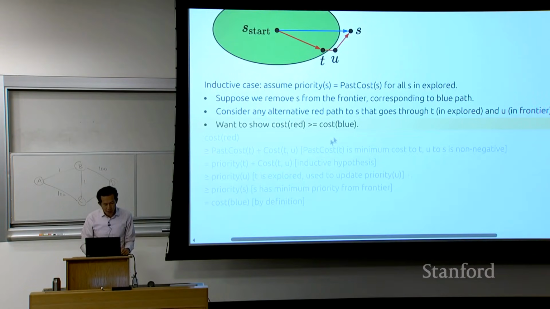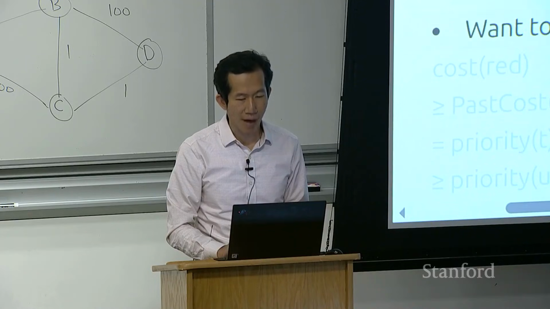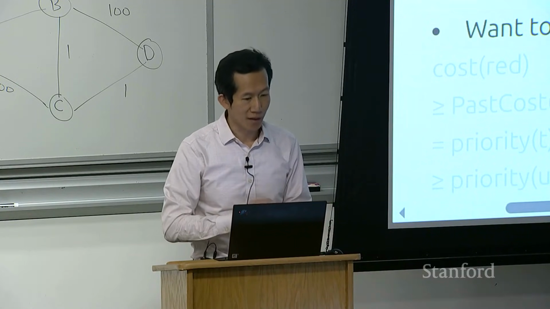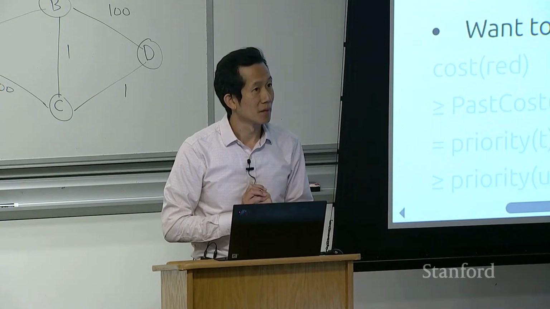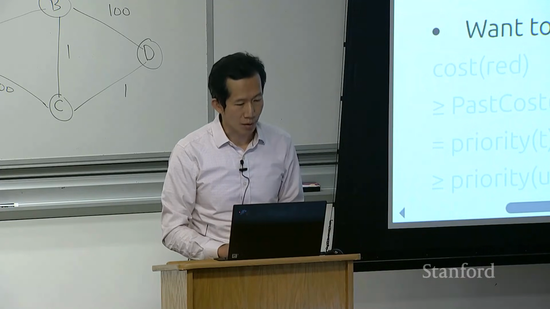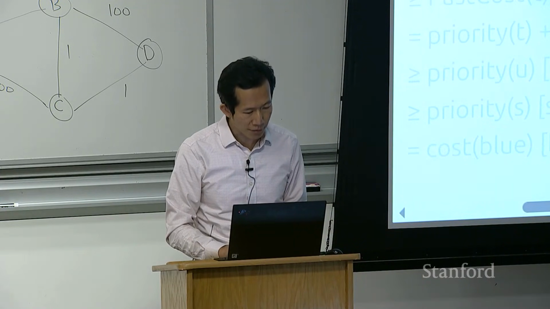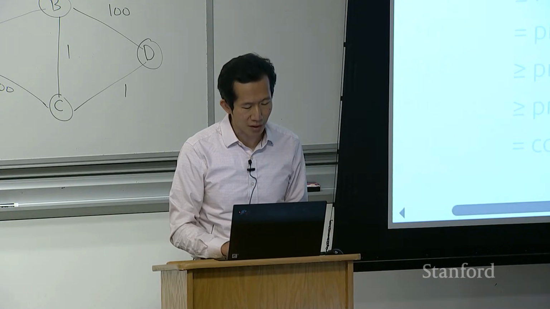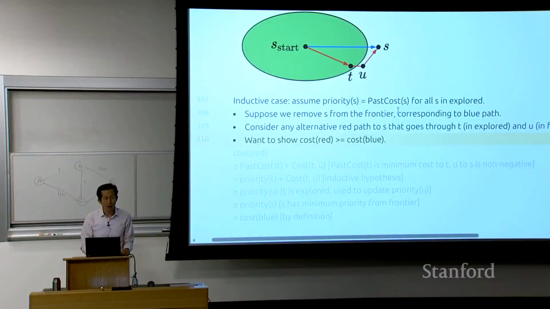And I want to show that the cost of this red path is at least the cost of the blue path. If I can show this, then I'm done. Okay? So there are a few inequalities here which we'll just step through.